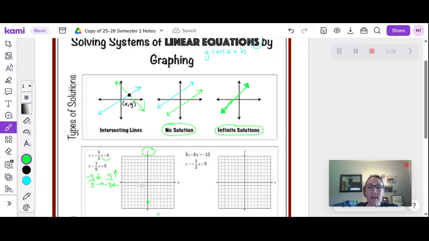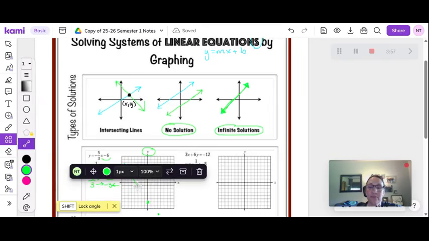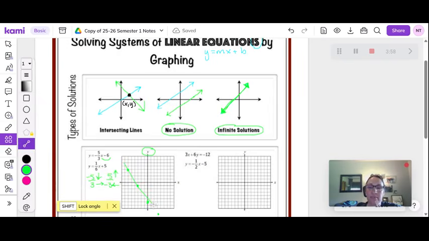So if I go up 5 and left 3, I get a point here. And if I keep doing that, I get a point here. I hope that ends up being a straight line. So let's connect those as best that we can. And I just ran off my tablet. So let's back it up.